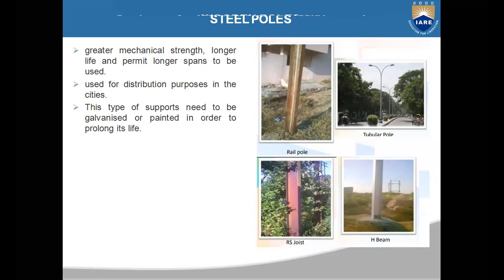So when you use these steel poles, they will generally have high mechanical strength when compared to the wooden poles. Okay, so the life of these steel poles also will increase when compared to the wooden poles, and they can be used for longer spans also. Okay, but these steel poles are also used for distribution purposes up to the cities only.